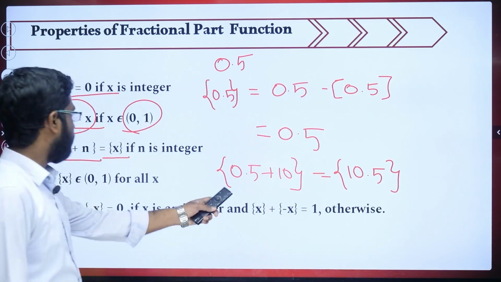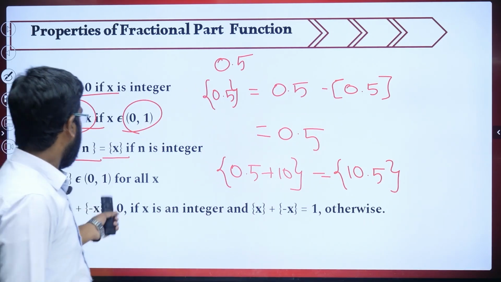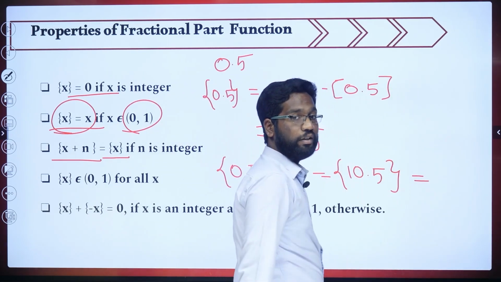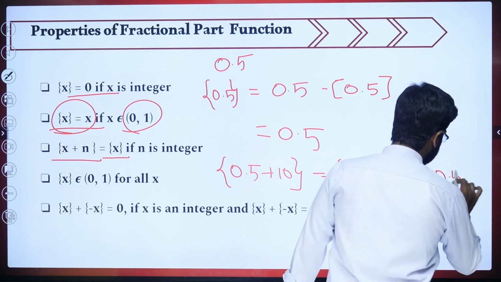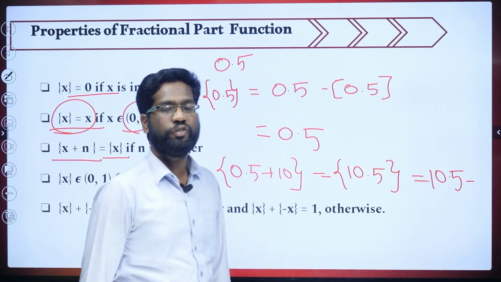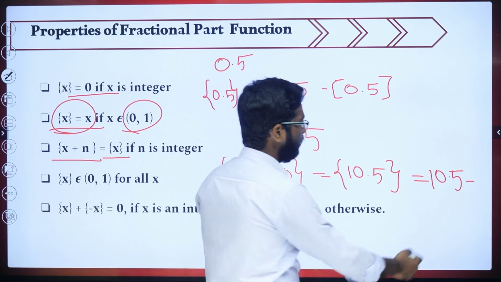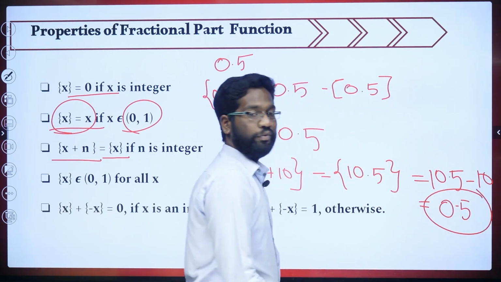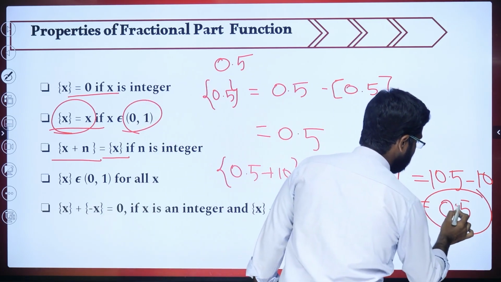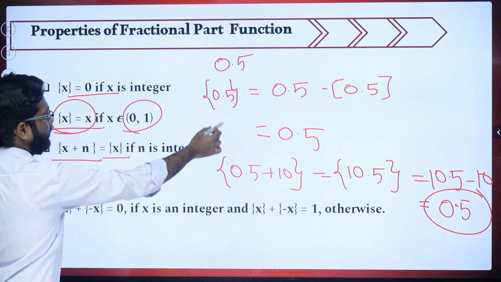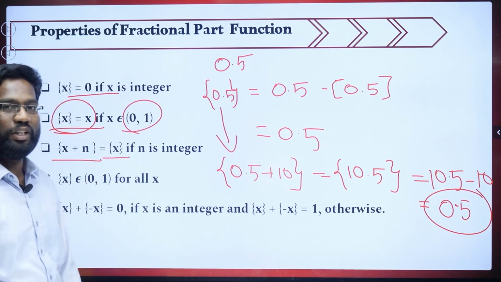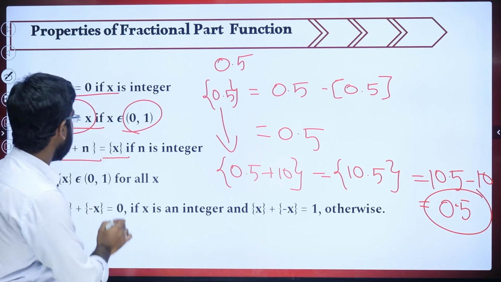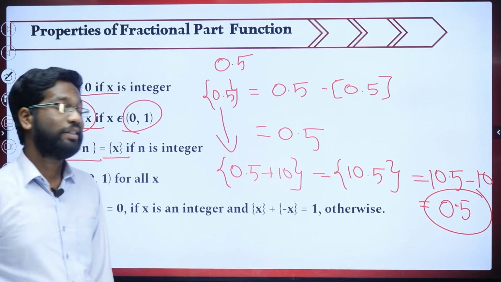The fractional part value I have to find for 10.5 is x minus the greatest integer of 10.5, which is again 10. So the value is 0.5. That's what I have taken here as the fractional part function. Whatever integer you have added, you will again get the same fractional part only, my dear students.